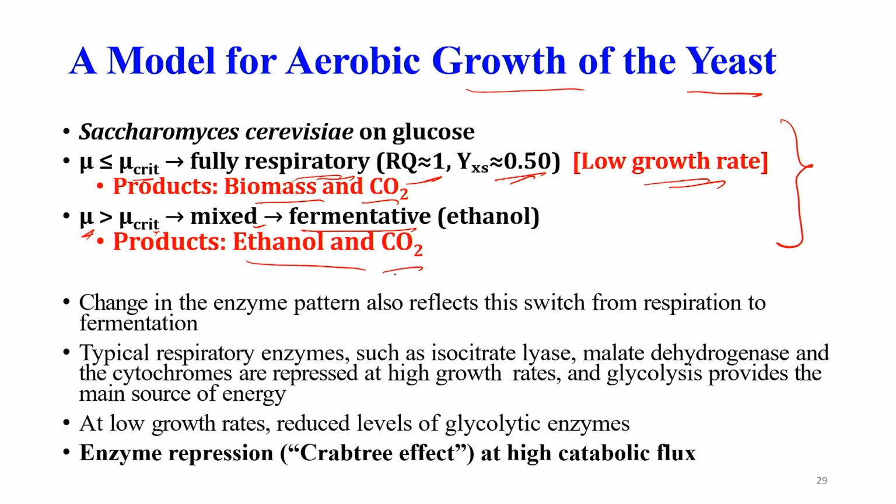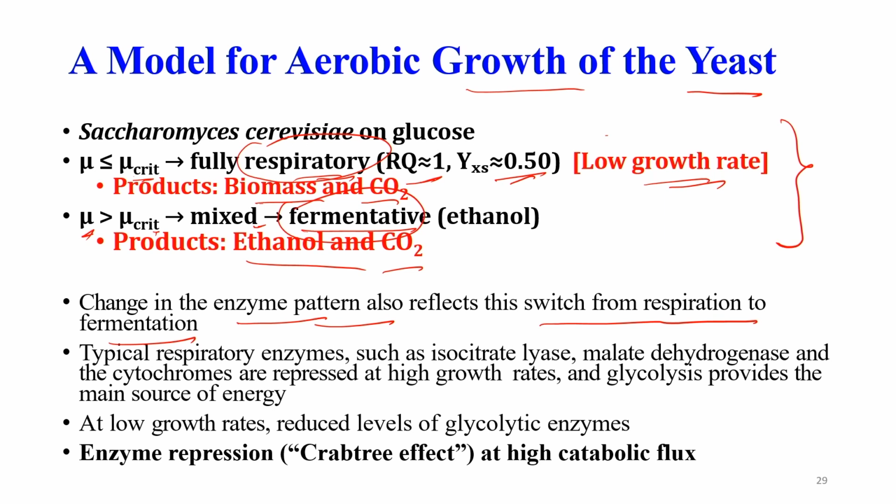So, it says for the yeast, at least based on the function, we can say it is either a respiratory or a fermentative process. And how is it happening? It is happening due to a change in the enzyme pattern. This switches from respiration to fermentation.